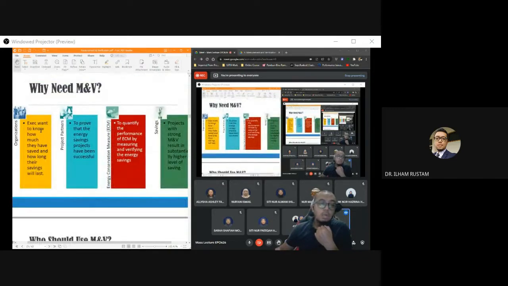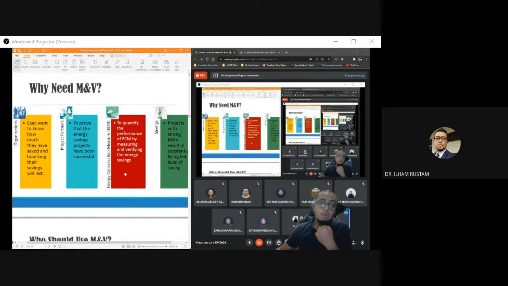Because for the organization, the executive may want to know how much they have saved and for how long their savings will last. For project partners, maybe the ESCO or the contractor, to prove that the energy savings project has been successful.